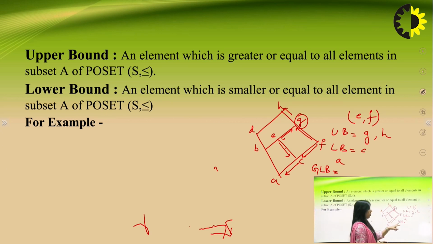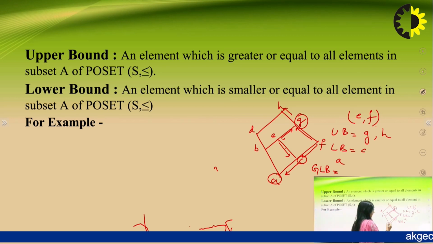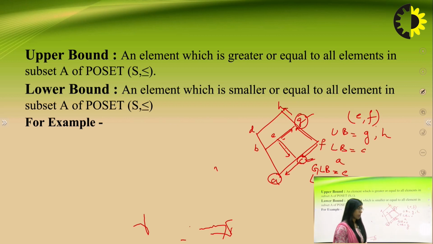The greatest lower bound for this pair will be C, because if we compare C and A, C is on the upper level. So the greatest lower bound will be C. For the least upper bound, if we talk about G and H, which level is lower? G. So the least upper bound will be G. In this way we can find the upper bound, lower bound, greatest lower bound and least upper bound.